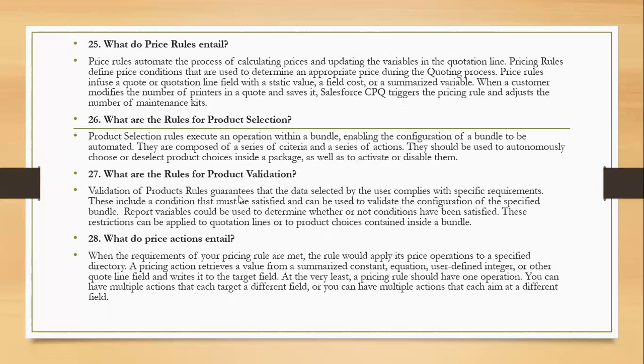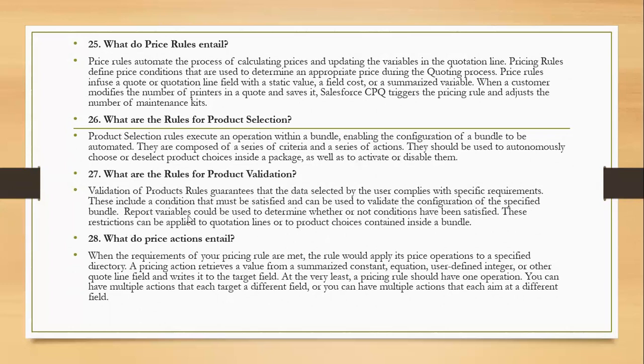Next question: what are the rules for the product validations? Product validation rules guarantee that the data selected by the users complies with the specific requirements. These include conditions that must be certified, and can be used to validate that a configuration is certified.